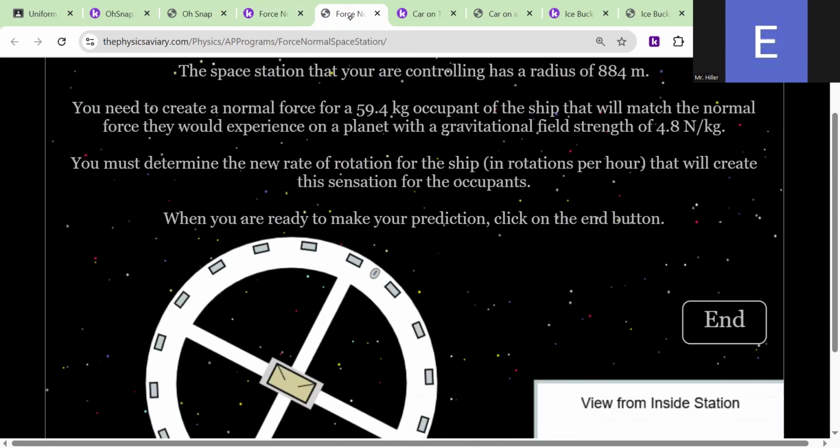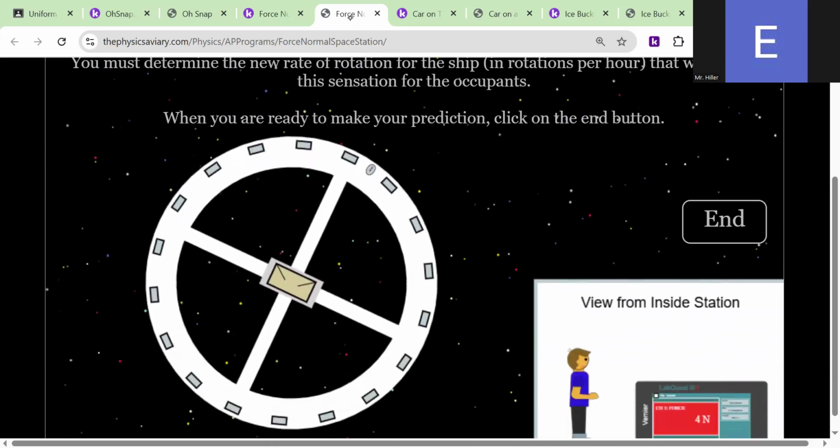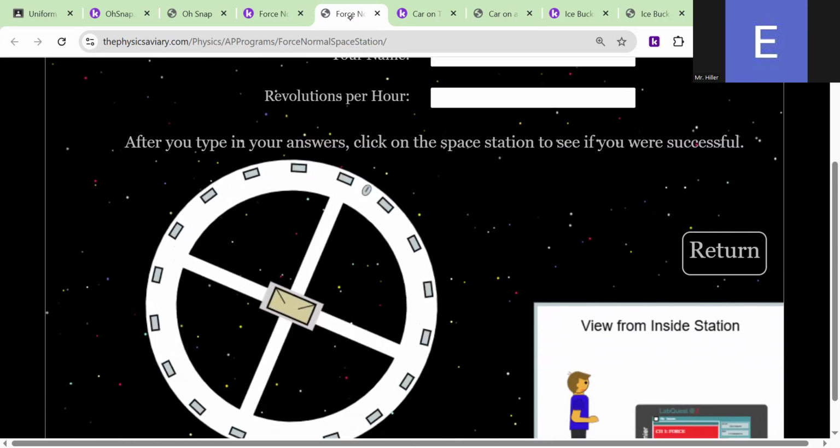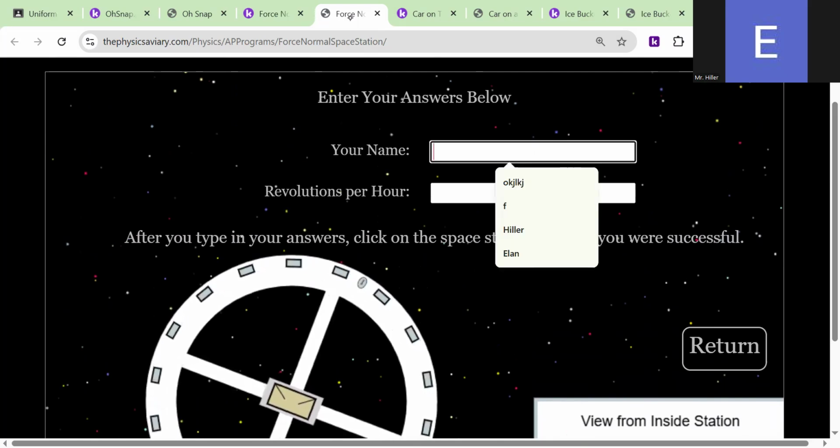Okay, so as soon as you're ready, you're going to click on the end button. You see the end button right there? You're going to click on that, and it's immediately going to prompt you to put your name in and the revolutions per hour you calculated.